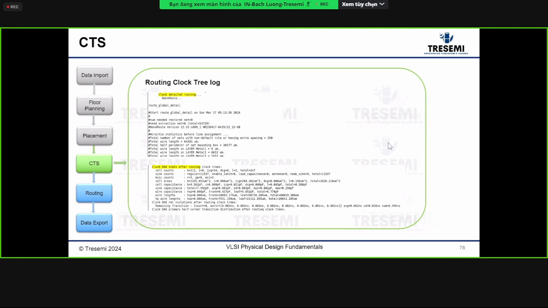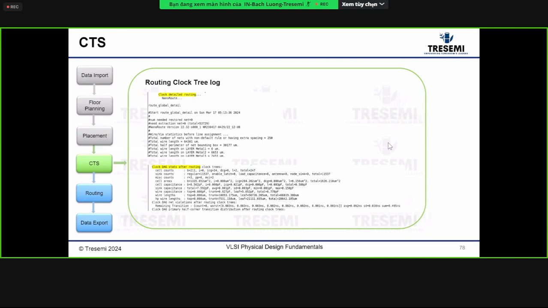Meaning your setup timing, your hold timing. Let's pick setup time. Does your setup timing improve with clocks in, or does it actually get worse?